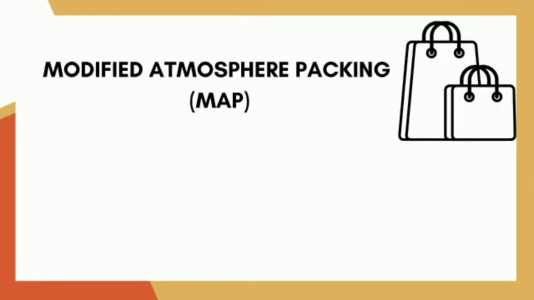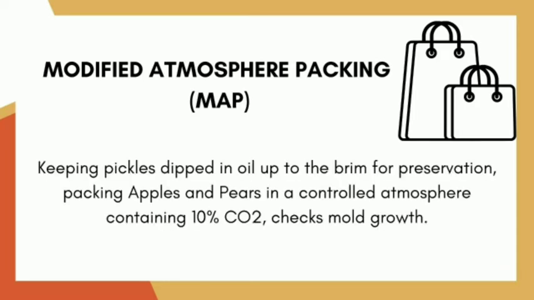The next method is modified atmosphere packaging, wherein certain gases like carbon dioxide can be partially added to air, or partial or complete vacuum packing can be done so that the microbial growth is not allowed in the packaged food. It really helps a lot.